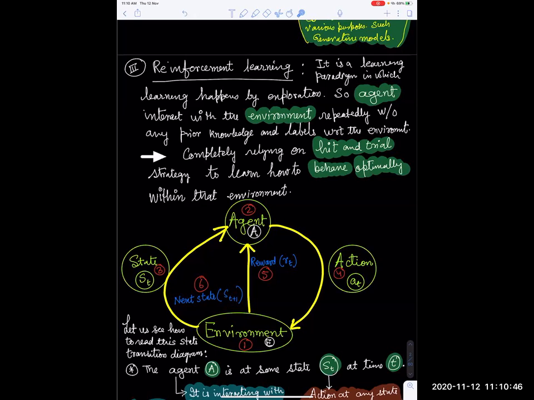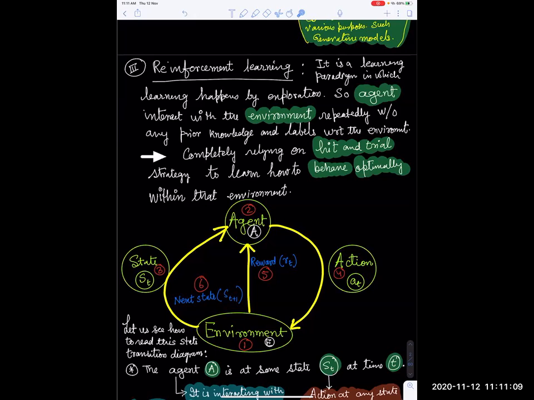Once you understand how this environment is working, you can use your learning to explore certain non-trivial things as well, and you start to behave well in that game. So it completely relies upon a hit and trial way, and that is why it takes a good amount of time to learn something meaningful.